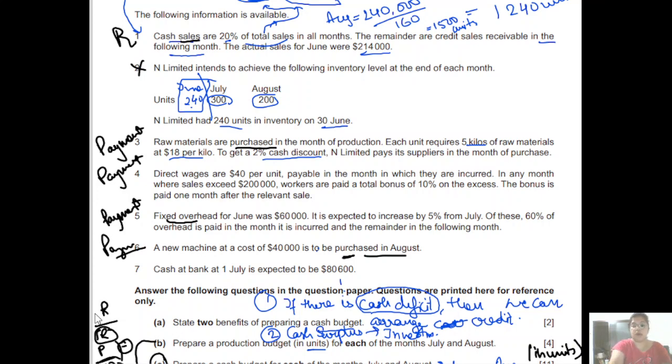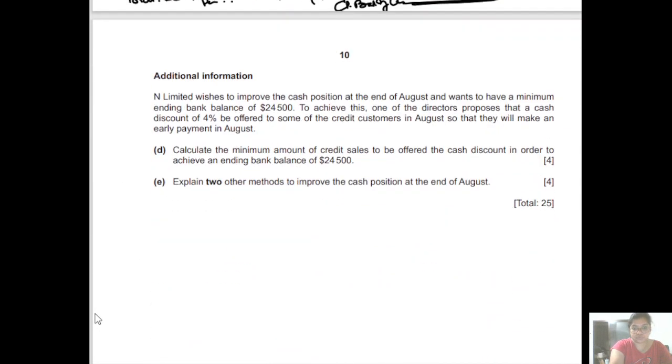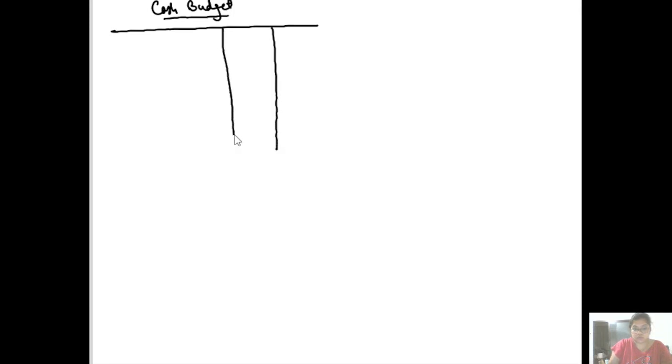Okay, what you have to do here, we are going to prepare the cash budget. They want the preparation of the cash budget for the month of July and for the month of August.